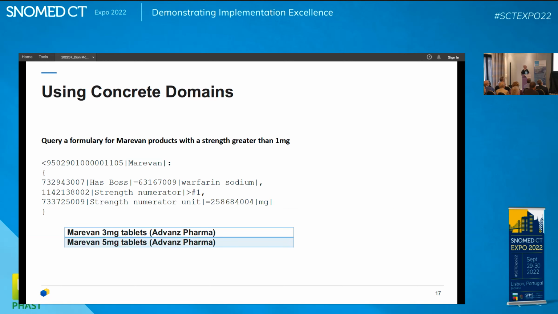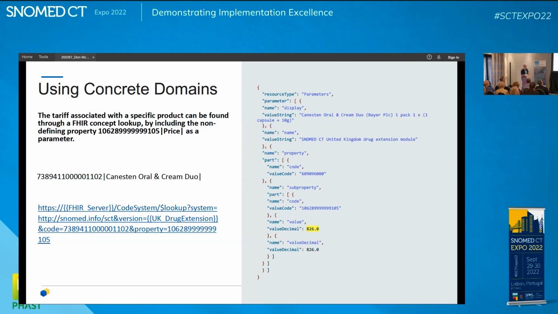This is another example, really just showing that the concrete domains obviously are in there, and you can do interesting things like asking about things that have a strength greater than 1 milligram. And then this shows, this is obviously using FHIR, but you end up with this representation coming out.